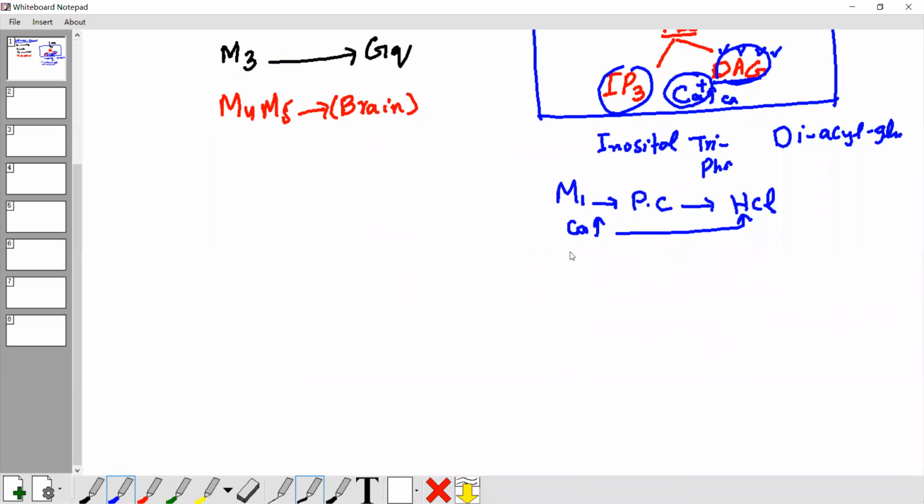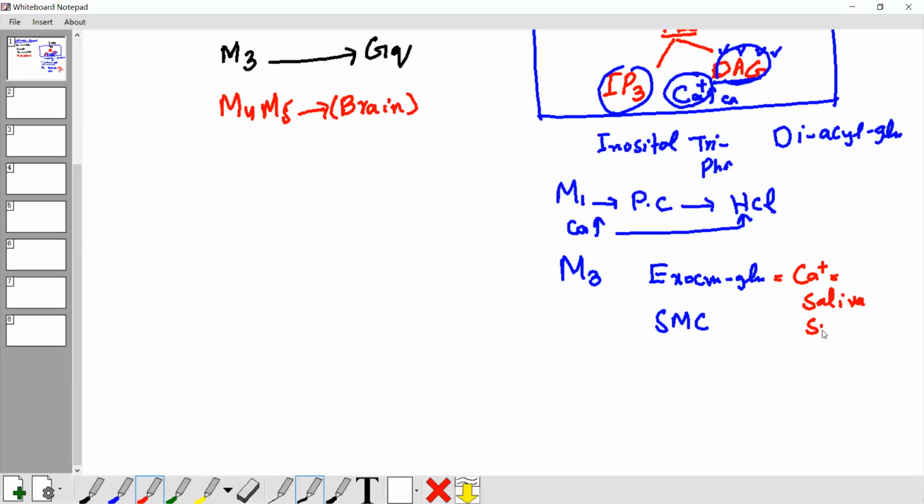Next. What is the location of M3? The M3 present on two things. Number one, exocrine gland. Number two, smooth muscle. Okay. So if you increase calcium in exocrine gland, the exocrine gland doing what? Exocrine gland secretes saliva.